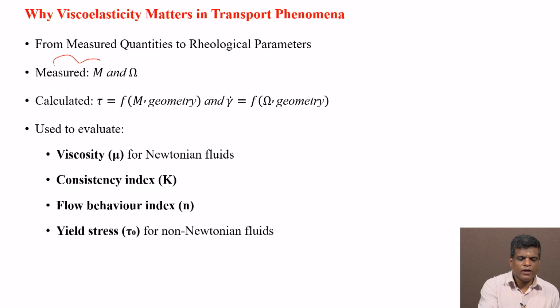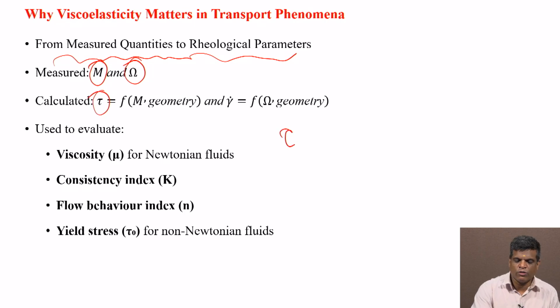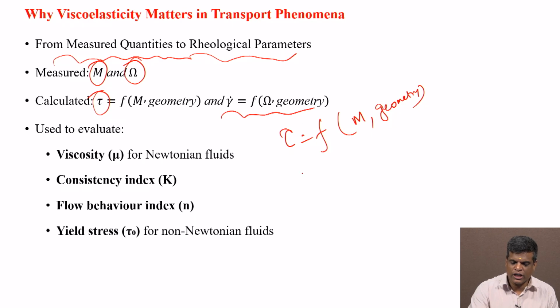So from measured quantities to rheological parameters, the same thing we discussed: one is the torque, the other is the angular velocity. The shear stress, tau, is a function of torque and the geometry that you use here. In the same way, the shear rate is a function of angular velocity and geometry.